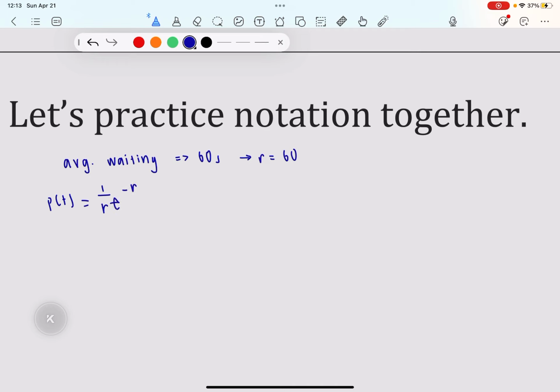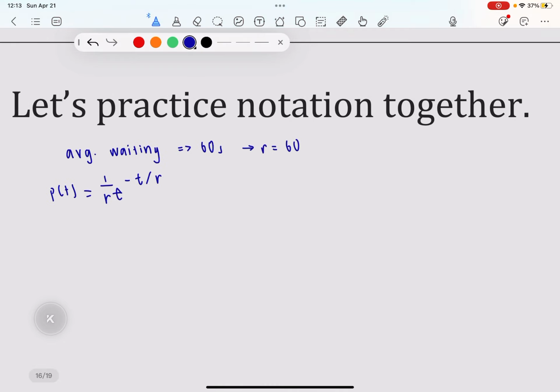E to the negative t over r. And then once we apply this, that's just going to be equal to 1 over 60 times e to negative t over 60.